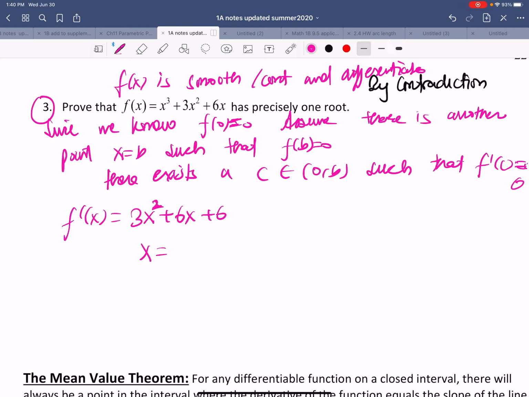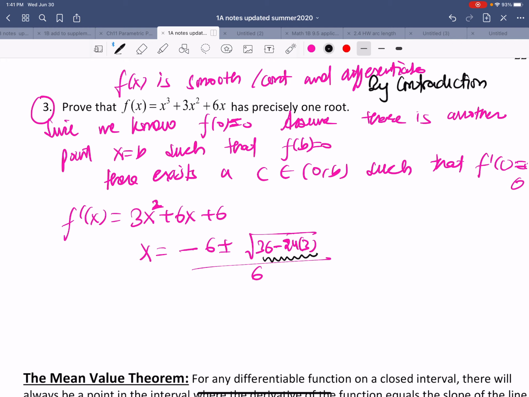When we do the quadratic formula, negative 6 plus minus square root of 36 minus 4ac. 4 times 6 is 24, 24 times 3 is 72, divided by 6. Now, this is not going to have any real solution because I have a negative number in the square root.